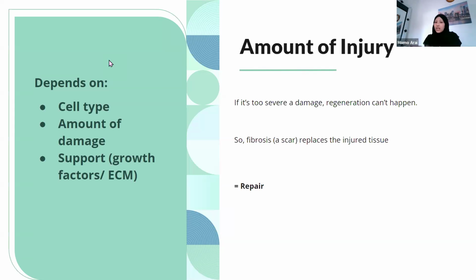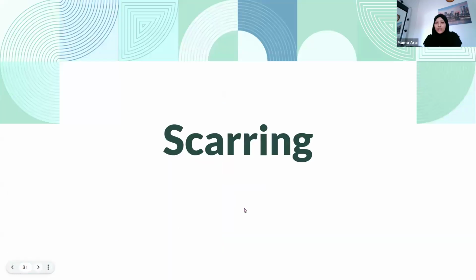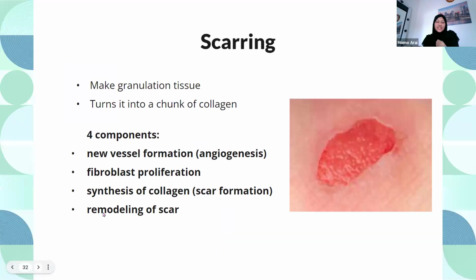Whenever you hear the term repair in this lecture, it's about fibrosis or forming a scar. That will have 4 processes that make the scar. Granulation tissue comes hand in hand, but basically it's a new type of tissue which will lead to scar formation.